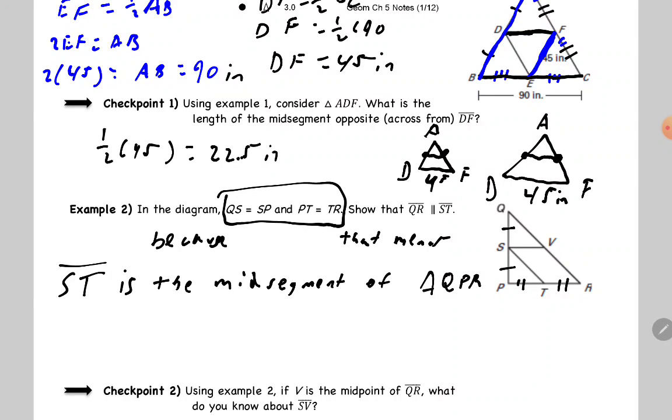And since ST is a midsegment, that means by the midsegment theorem, QR, so therefore QR is parallel to ST by the midsegment theorem.